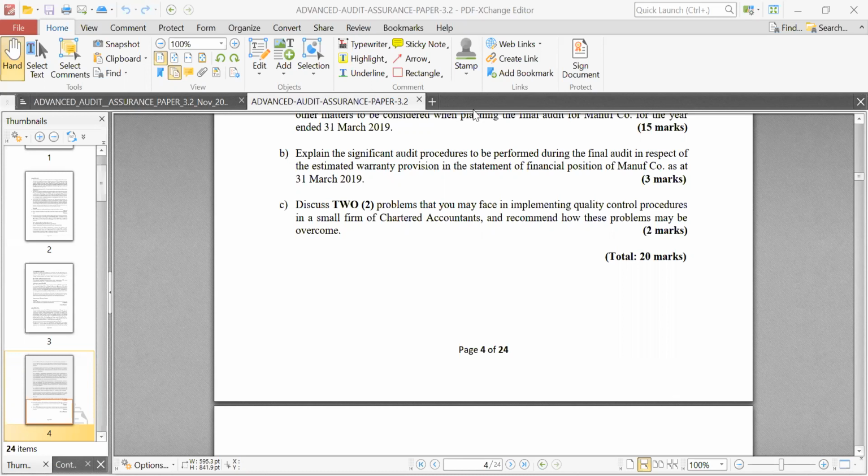Can someone go over the analytical procedures again? Okay, let me just mention them. Number one, the first analytical procedure.